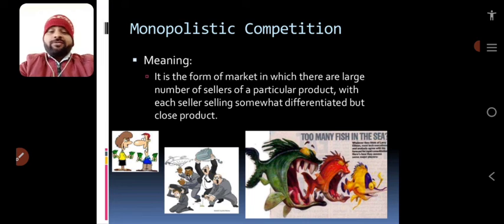Monopolistic competition is a form of imperfect competition where many competing producers sell products that are differentiated from one another. It is like a market with too many fish who differentiate the market and handle it by hook or by crook.